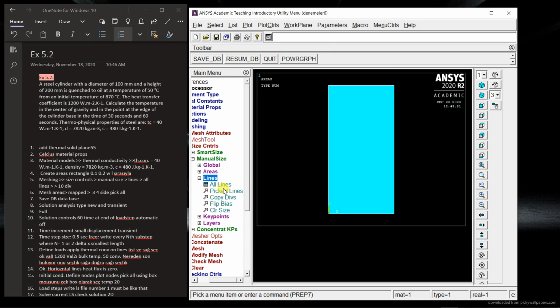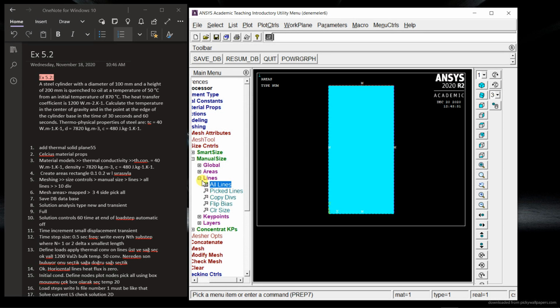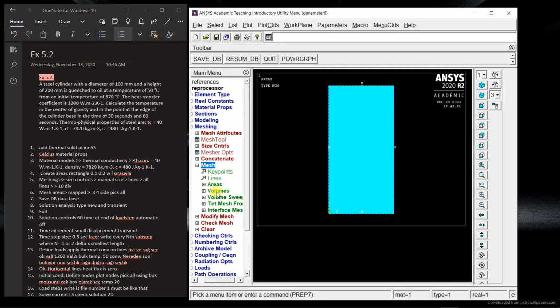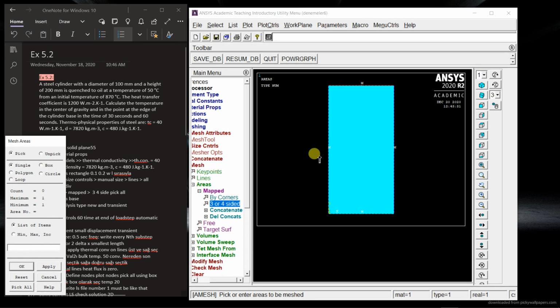So I'm going to pick all lines, and I'm going to set the size like maybe 0.005. Okay. It's okay. There's lots of mesh now. An area, so map, so we can choose it, or free, we can say it.